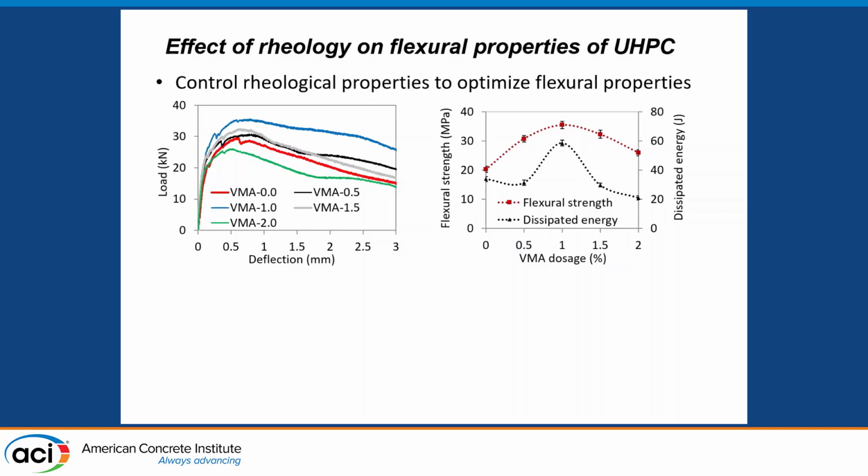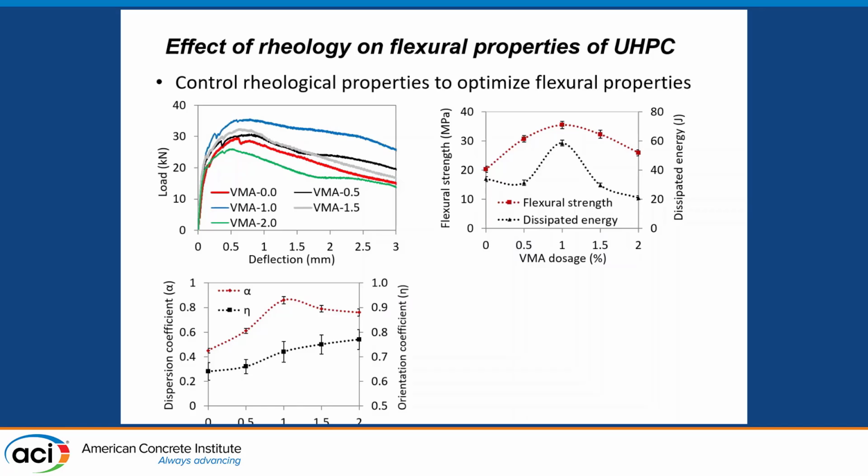As you can see here, when the VMA equals 1%, we achieve the largest flexural properties. The reason for the improvement is mainly that with the increase of the VMA, or the suspending mortar viscosity, we increased eta, the fiber orientation coefficient, and also alpha, the dispersion coefficient.